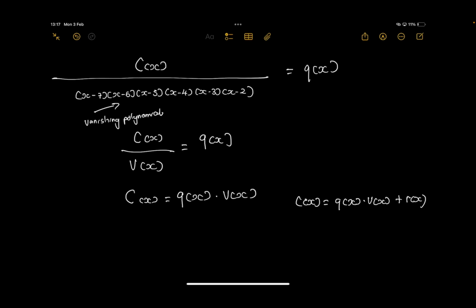Now Schwartz-Zippel comes again. You want to verify that the left-hand side is equal to the right-hand side. All you need to do is pick one random point from the field and ask the prover to evaluate C at that point, evaluate Q at that point, and evaluate V at that point.